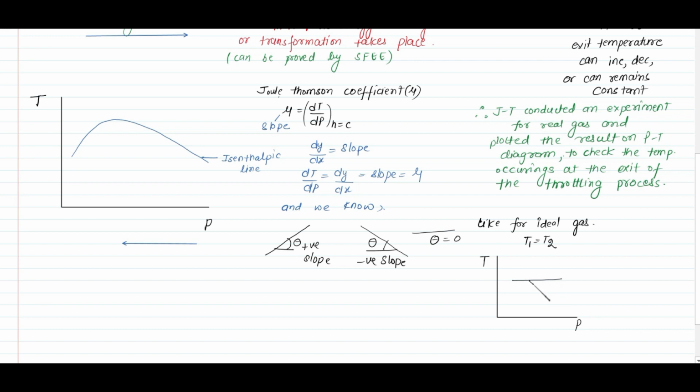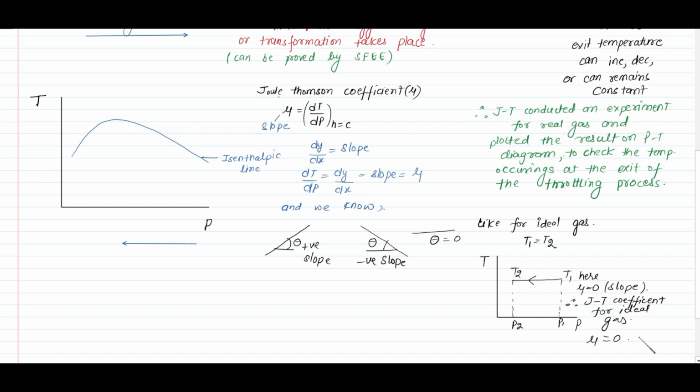Pressure is reducing in this direction. One process is happening from T1 to T2. We will see temperature is constant. So here mu is equal to 0, slope is equal to 0. So we can say the Joule Thomson coefficient for an ideal gas is equal to 0.